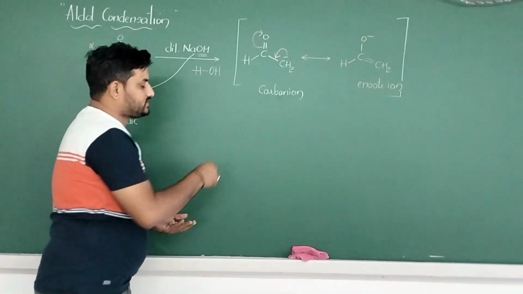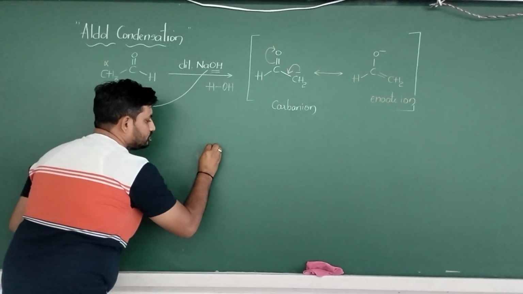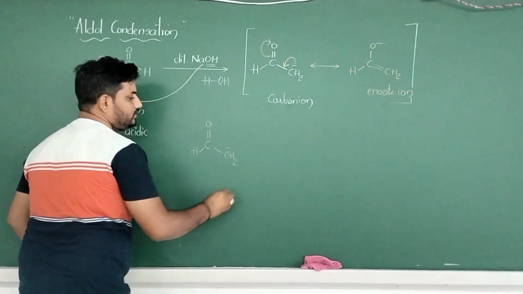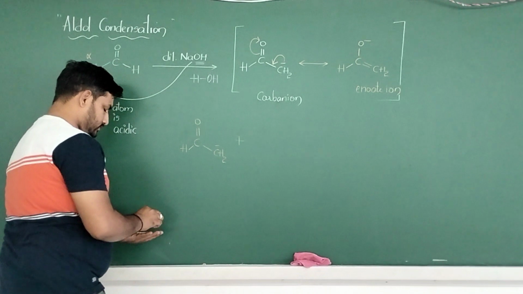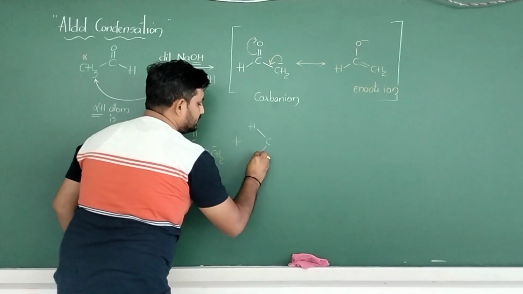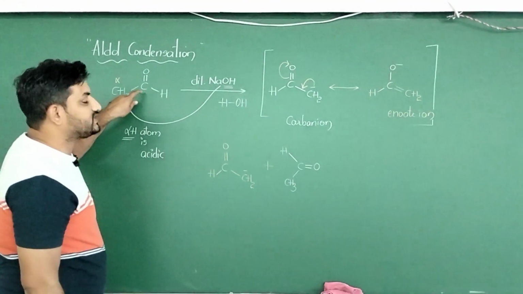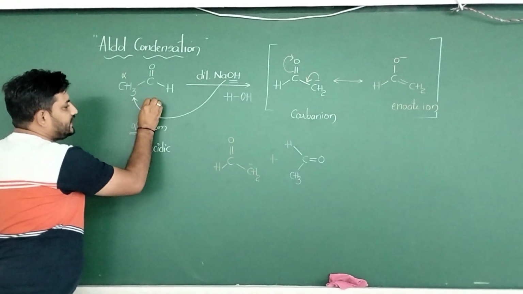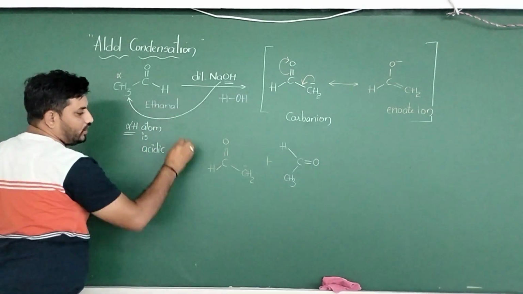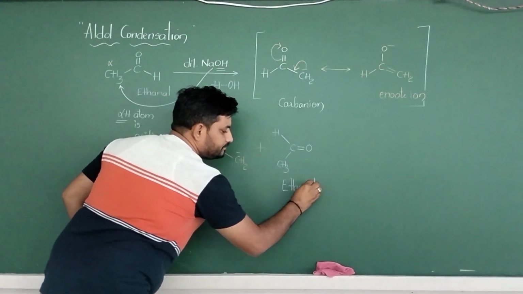In the very next step, whatever carbanion is generated, or the enolate form of the carbanion, will react with the second mole of the aldehyde. So in the beginning itself, I have told you that we are going with the self condensation. Because I have taken acetaldehyde over here, my second molecule will be the same, that is an acetaldehyde molecule.